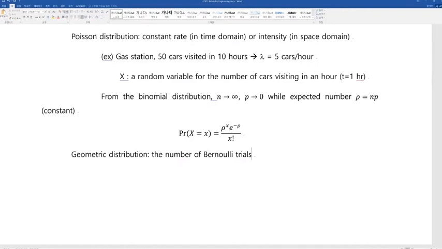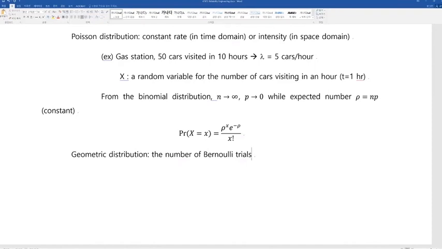So geometric distribution gives us, maybe some lucky person may succeed in his or her first trial. Maybe next time the second trial.